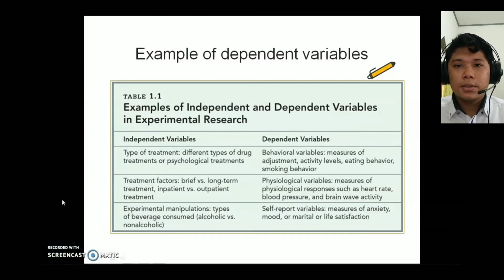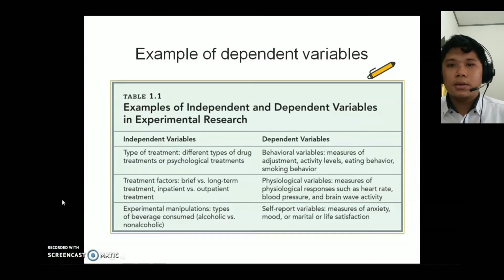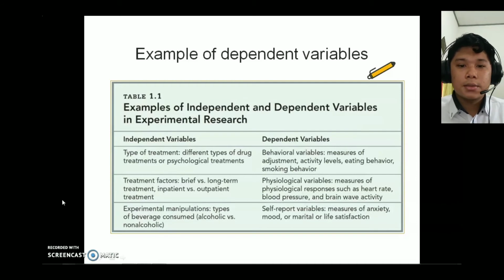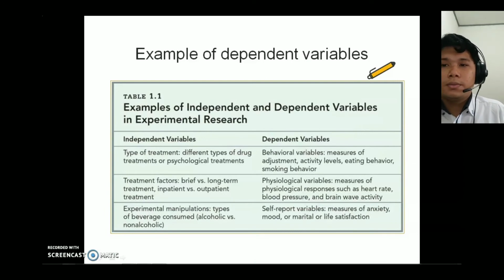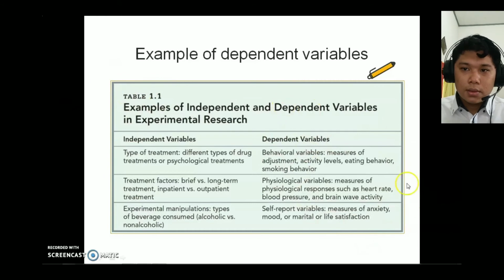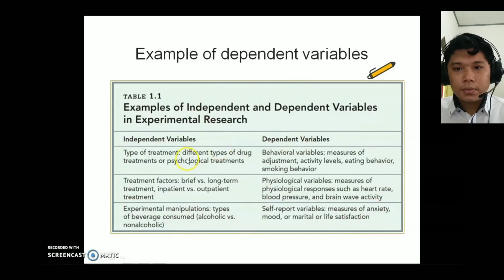Alright. After knowing how important dependent variable is in research, now let's get into the examples of dependent variables. These are the examples of dependent variables. Let's just ignore this one because it is independent variable. Let's just focus on this one. The examples of dependent variables are, first, behavioral variables, like measures of adjustment, activity levels, eating behavior, smoking behavior.